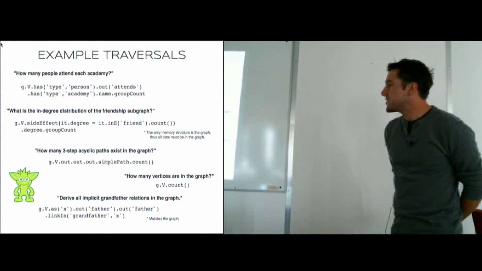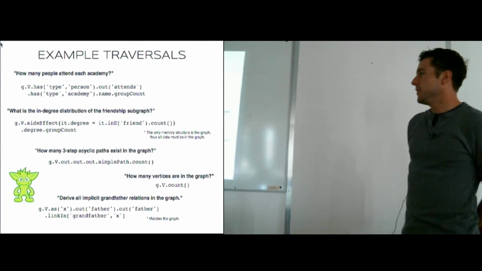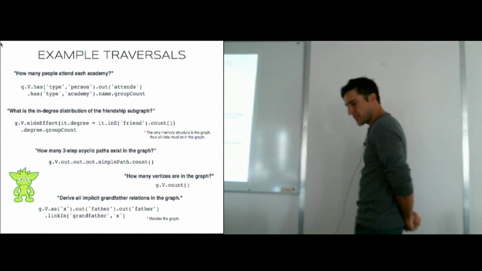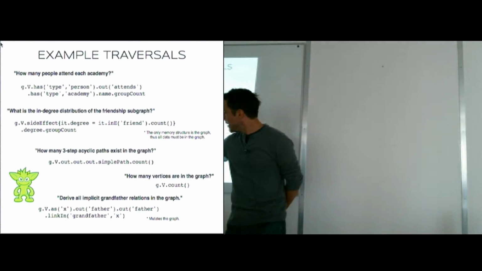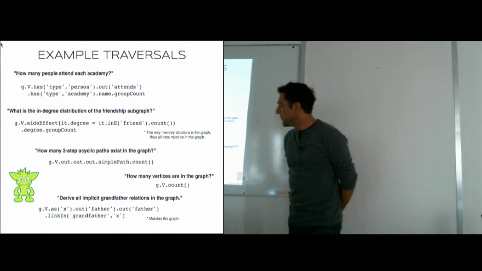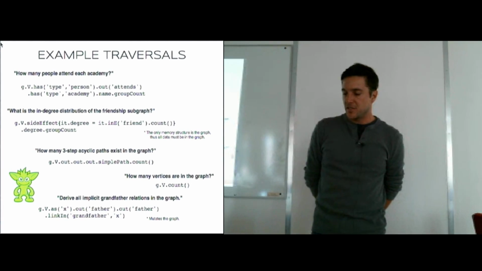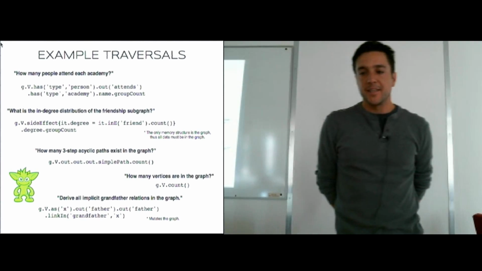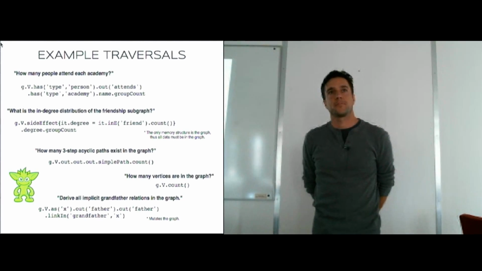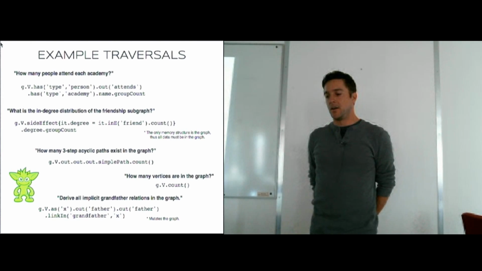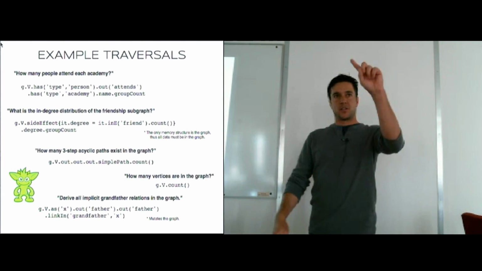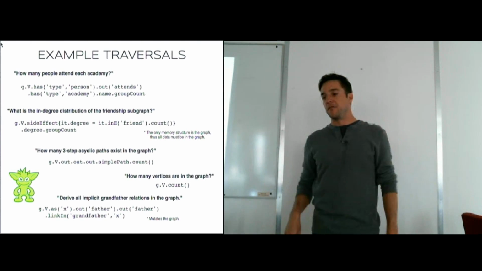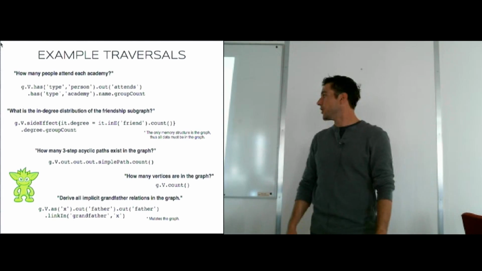And then here's one that mutates the graph using a side effect as well. This is also going to use path information. I'm going to put traversers at every vertex in the graph, and I'm going to label that step X. Think of this like in the Prolog sense, where I do the question mark X and say this is a variable, and I'm going to bind this step to that X variable.